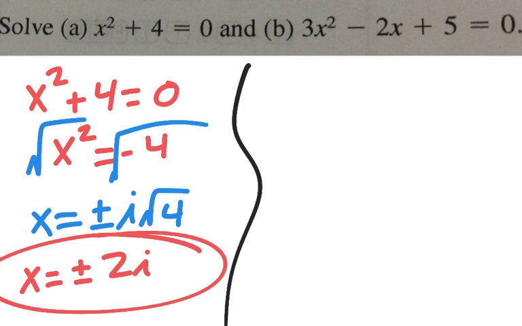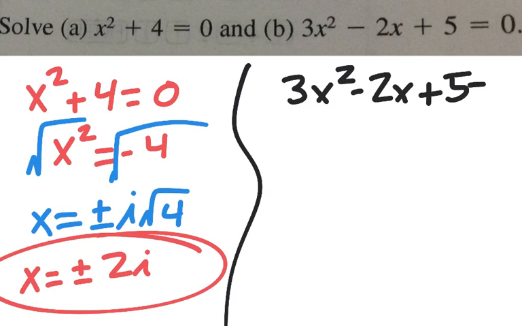Okay, then the B part, you can't do that on the B part because I have two x's, so I can't just get x by itself. The only thing I could do is try to factor, which it won't, which means I have to use the quadratic formula. So when I'm plugging this in, this is my A term, this is my B term, and here is my C term.